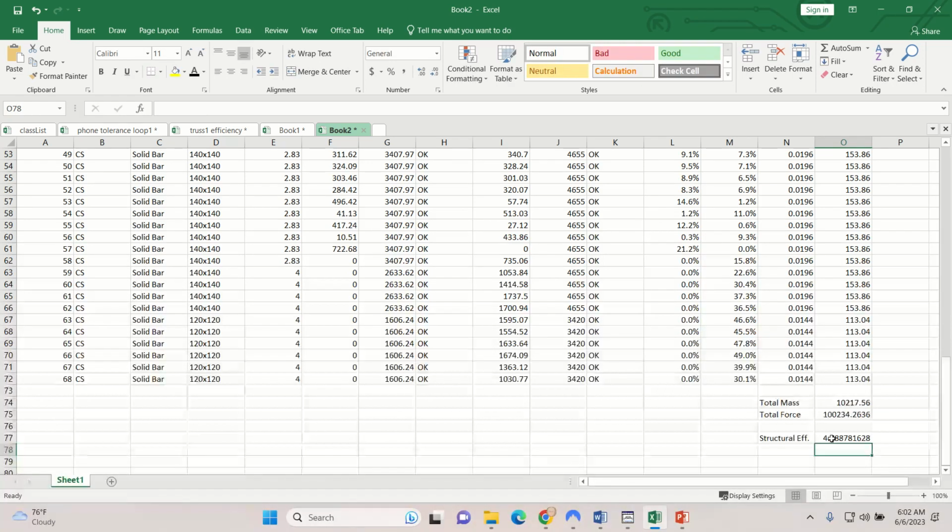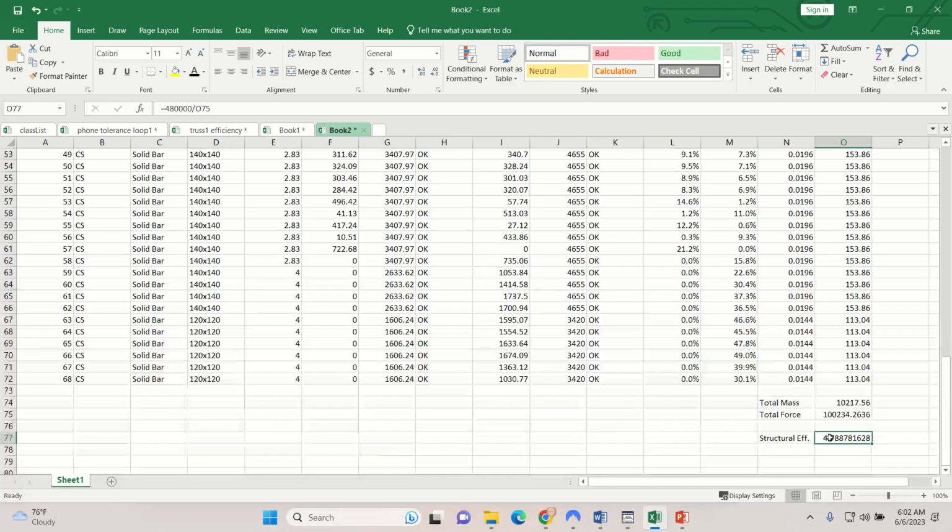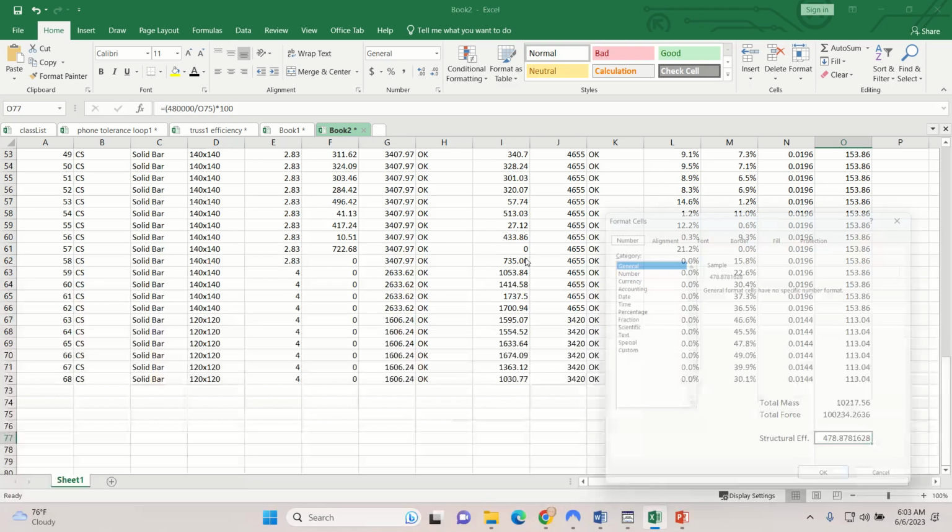How's that? Oh, no, that's not right. This would actually be my structural efficiency.